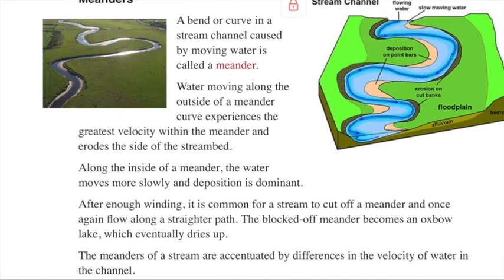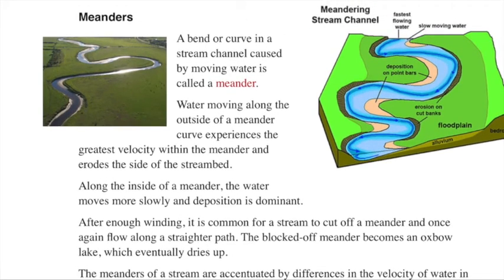Now, if you were to have a slower part of the river, so not very steep, what can happen is that the fastest part of the stream normally is going to be around an outside curve. So if you're turning to the left, then that cutting water would cut into the bank on the right-hand side.